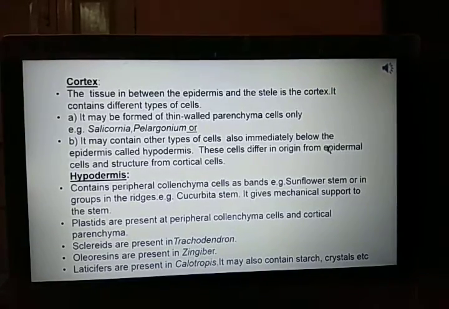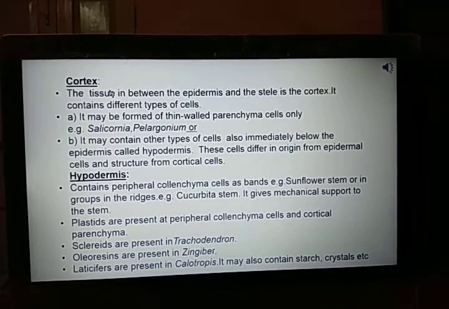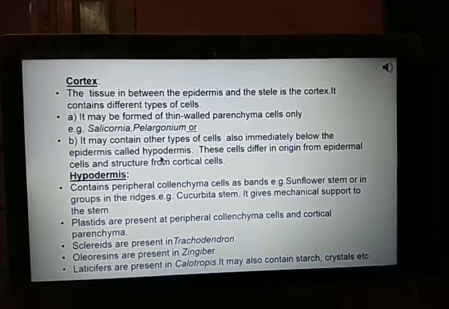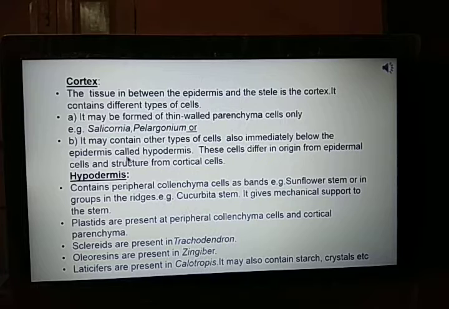Next to the epidermis is the cortex. That is, the tissue which lies between the epidermis and the stele is the cortex. It is made up of different types of cells. It may be formed of thin-walled parenchyma cells only, as in Salicornia or in Pelargonium, or it may contain other types of cells which lie immediately below the epidermis, and it is called the hypodermis.